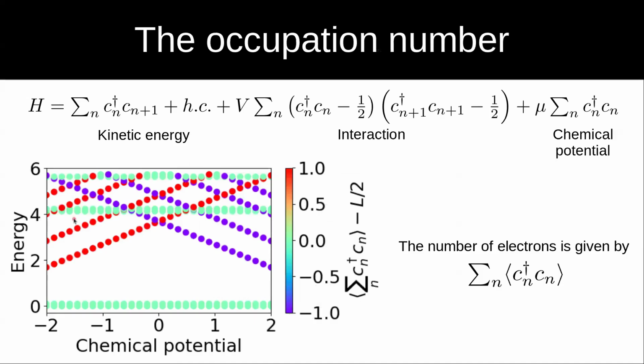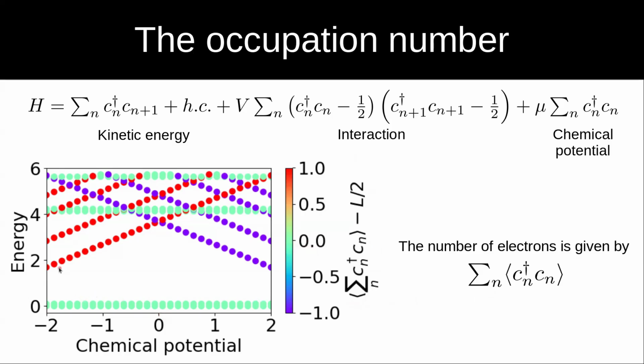potential. And this is actually easier to see if you compute the expectation value of the number operator for every single state in the system. So this is effectively just the number of electrons that each many-body state has. And for convenience, we can just plot the number of electrons minus the total length of the system over 2, so that for our ground state, we get a value of 0.